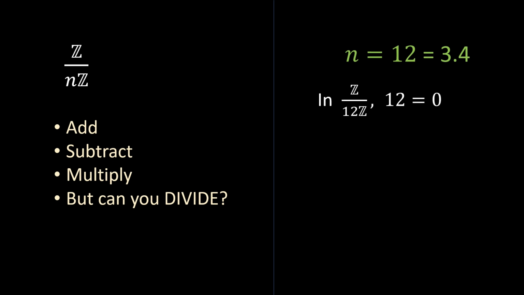We know that in Z mod 12Z, 12 is equal to 0, which means that 3 into 4 is 0. If you could divide by 3 on both sides, what you would get is this, which means 4 is equal to 0, which is an error. And this is not something that we want.